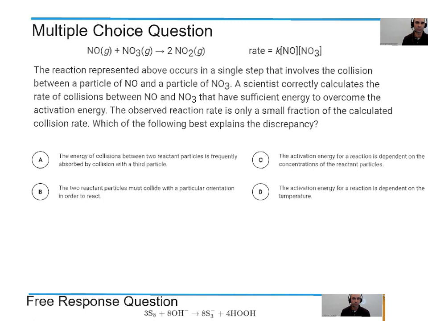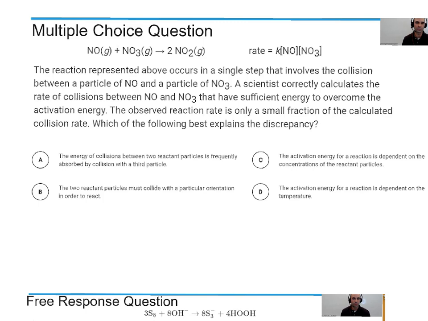It's not temperature. The temperature will help you reach activation energy faster. What do particles have to have in order for a reaction to occur? We've got to have enough activation energy, enough collisions, and then those collisions have to be in the correct orientation.